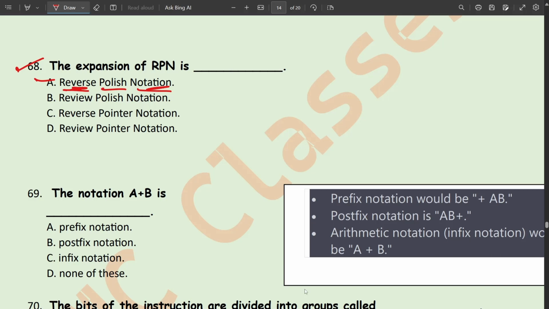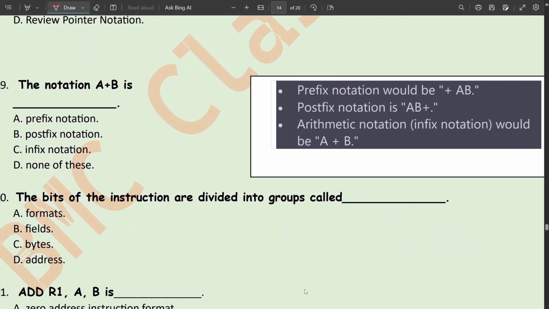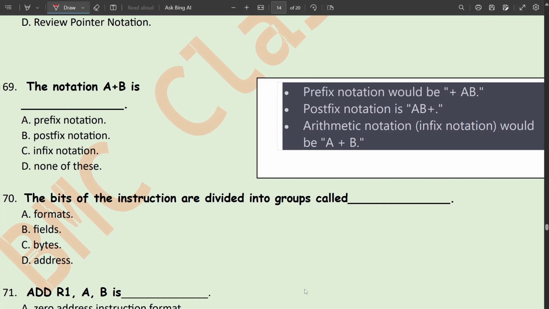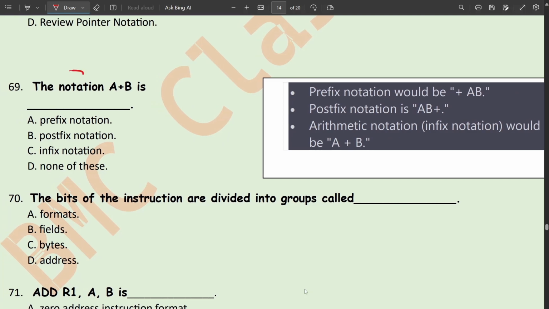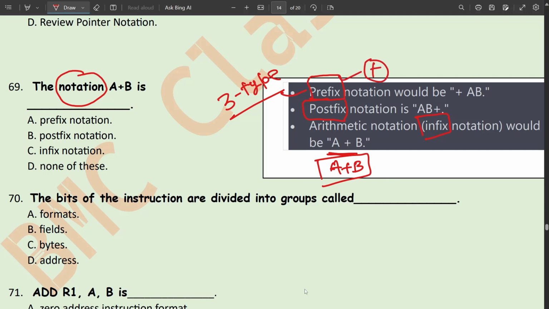Next, the notation A plus B is what? Let's understand how many types of notations here. So here are three types of notations. First, prefix notation, second, postfix, and last is infix. Prefix, pre means in first, so in first you got operator.